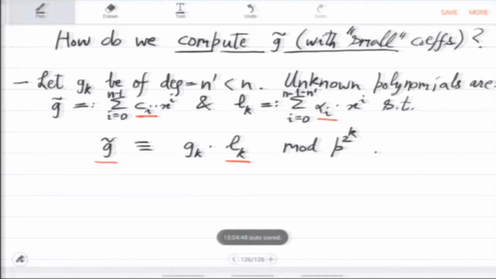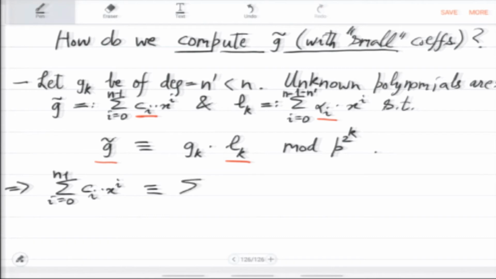Okay, let us do some more jugglery. So let us rewrite it as sigma Ci x to the I equals Lk, which is alpha I x to the I, times Gk, that's the RHS I am writing.